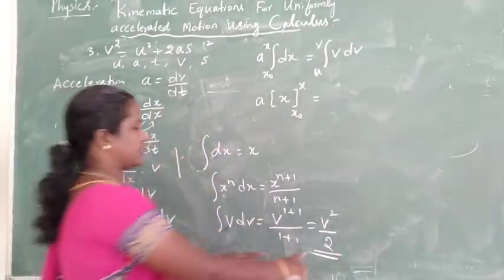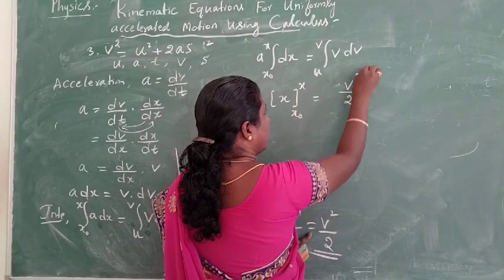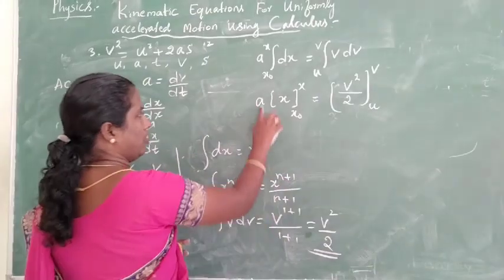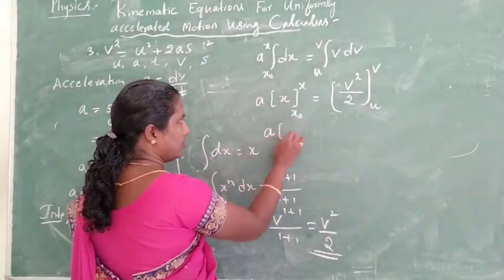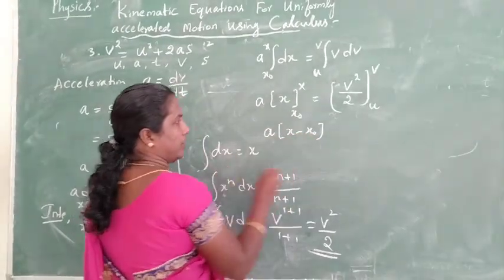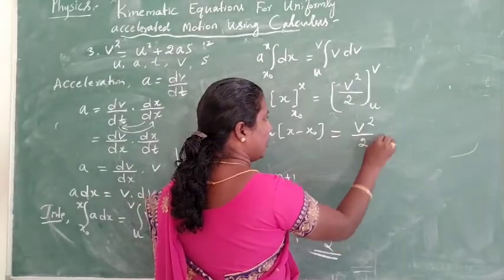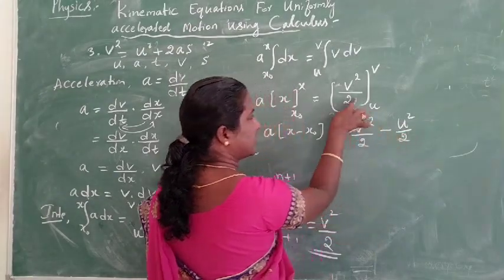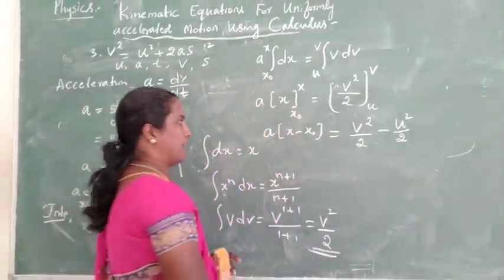So we integrate v square by 2 with limits u to v. Now we apply the limits: a into x minus x0, upper limit minus lower limit, and in the same way v square by 2 minus u square by 2.